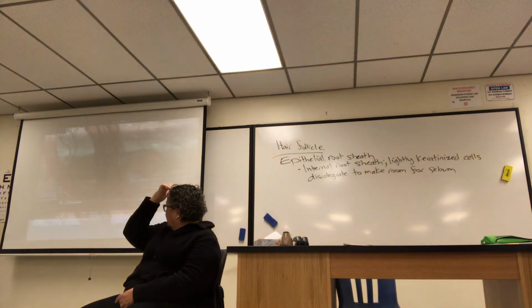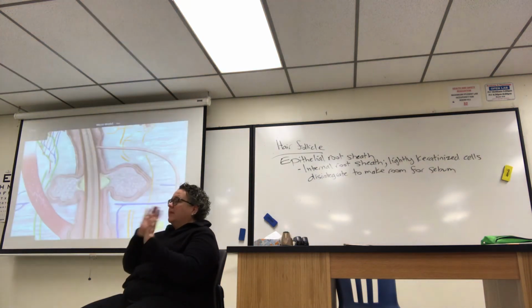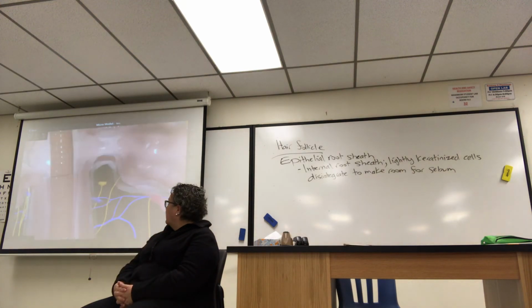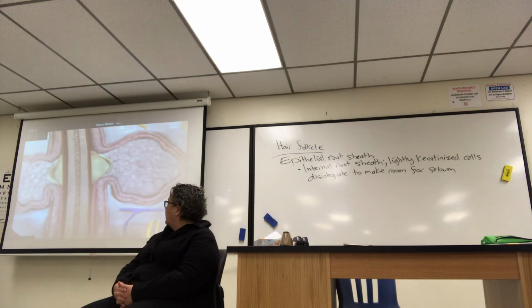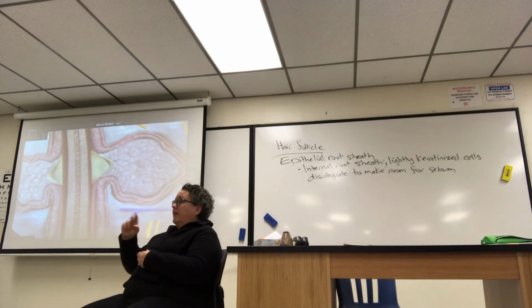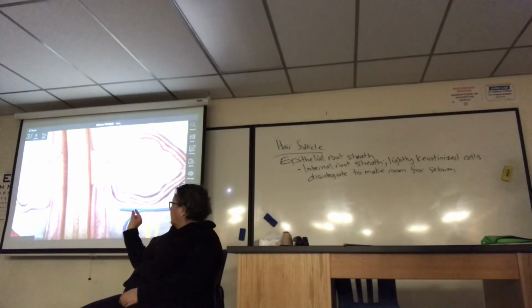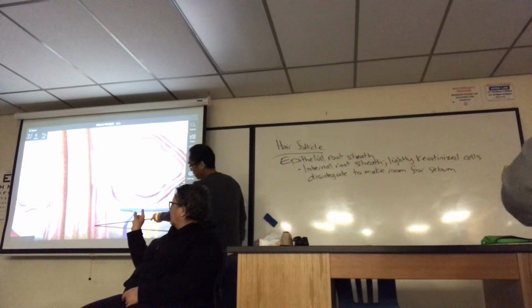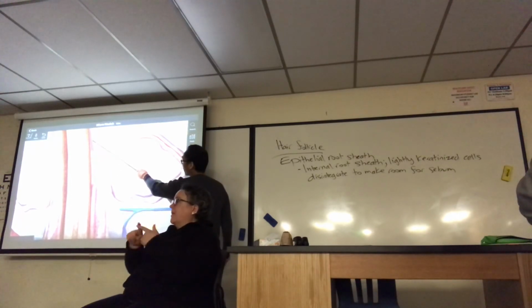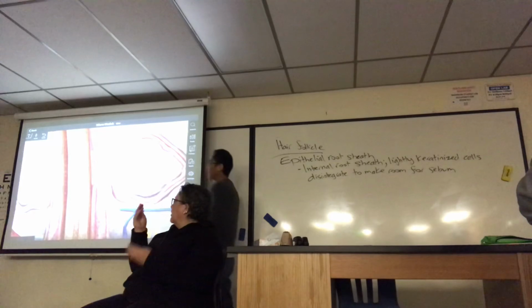So that's not shown on the picture, but it was shown on the micro model. See if I can zoom in a little more. So look for the internal root sheath on this model. It's right here. There's the internal root sheath, and then there's the sebum, and then it's gone, right? Because it disintegrates so the sebum can kind of get on the hair follicle.